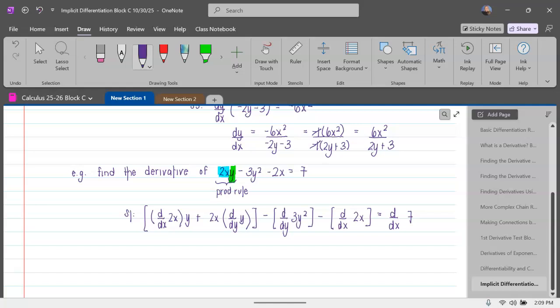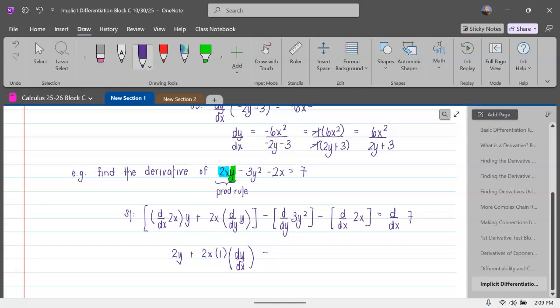All right, so let's do it. What's the derivative of 2x? 2. So we get 2y here plus 2x times, what's the derivative of y? 1 times dy/dx, because we took the derivative of y.